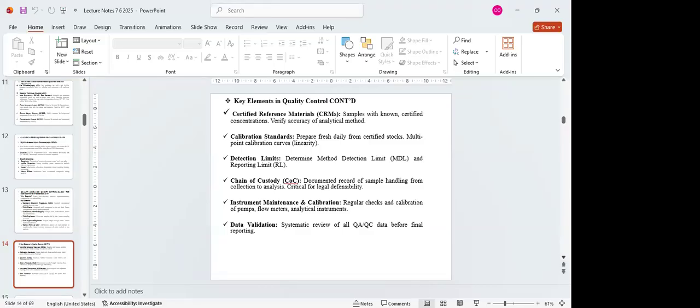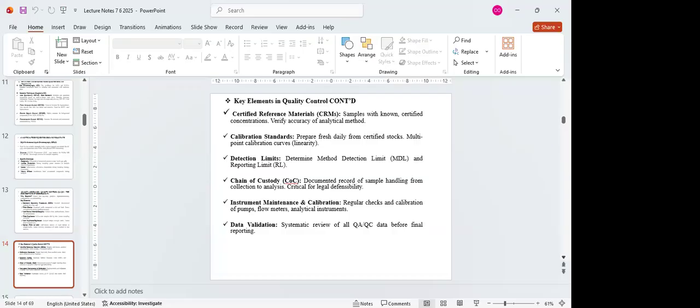Now, the other one is the chain of custody. This is a documented record of sample handling from collection to analysis. So you give account of every step that you have taken from the point where you collected your samples to the point where you introduce them to the machines for analysis, or you carry out the analysis yourself.